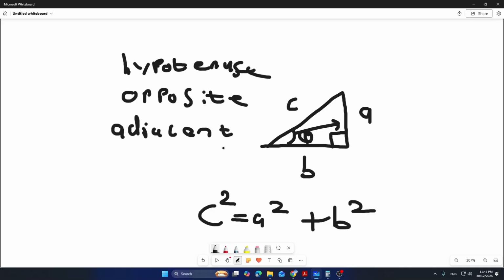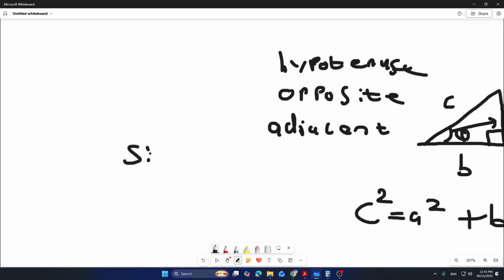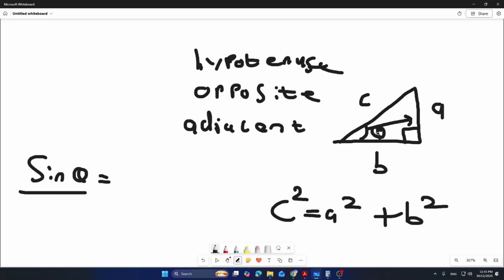So there are rules. Sine theta, to find this angle, is opposite over hypotenuse. Opposite, which is this side, over hypotenuse, which is this side.